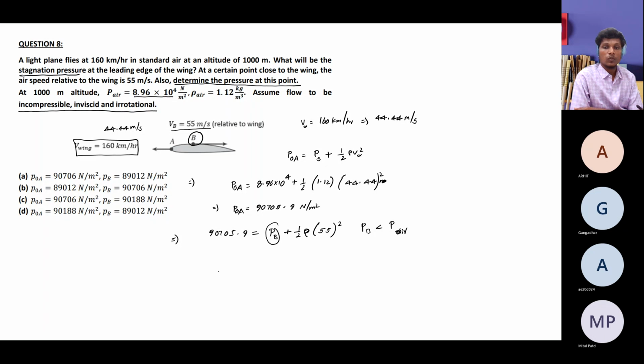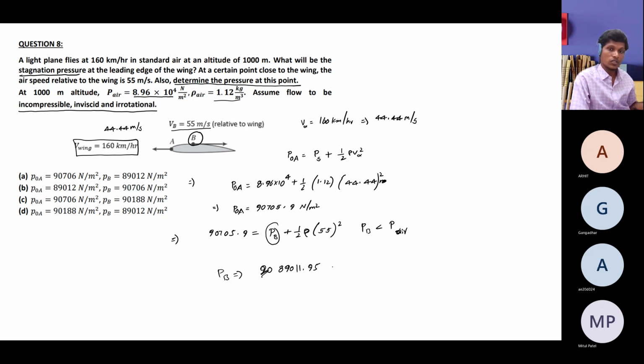If you calculate PB, because that is the only unknown, with density also 1.12 kg per meter cube, you will get PB equals 89011.95, which is less than our free stream static pressure.